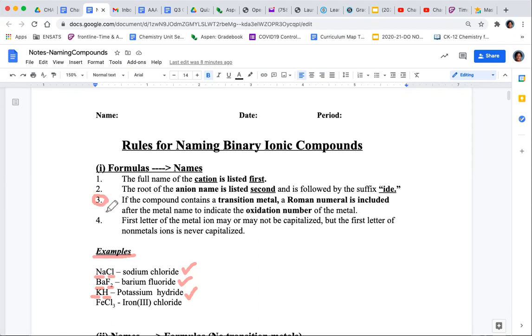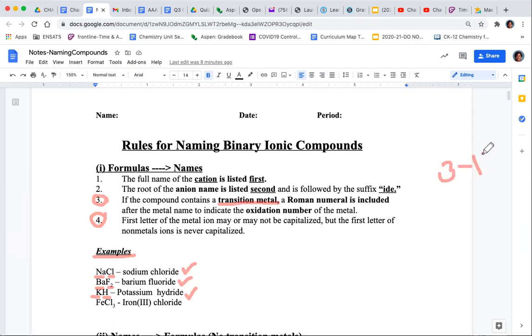When you're writing, remember points 3 and 4. So what do points 3 and 4 say? Before I move on to the fourth example, I want to read the third point. If the compound contains transition metals, you know where the transition elements come? Transition elements are from group 3 to 12.